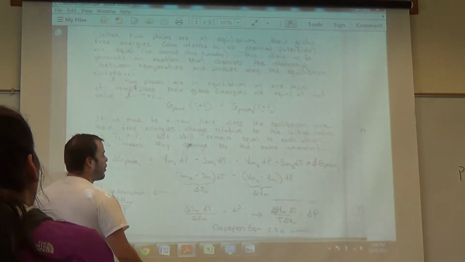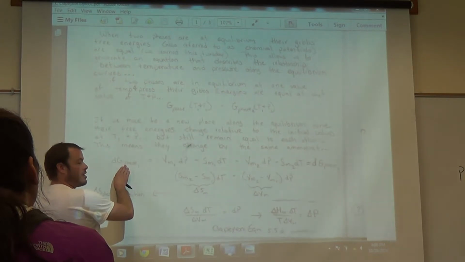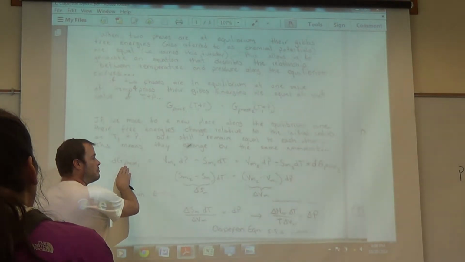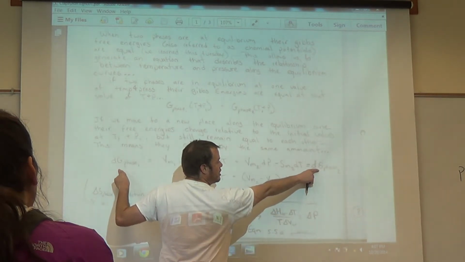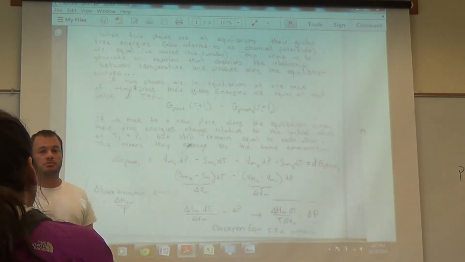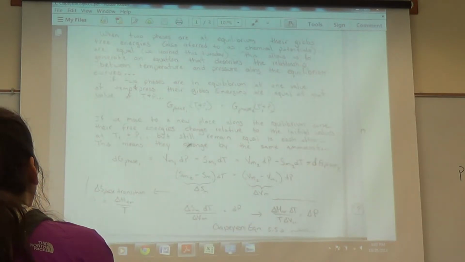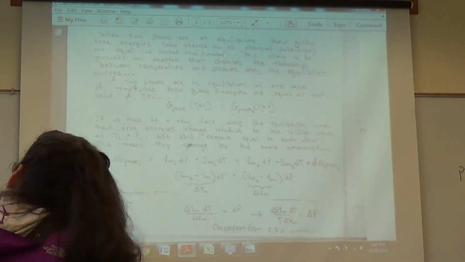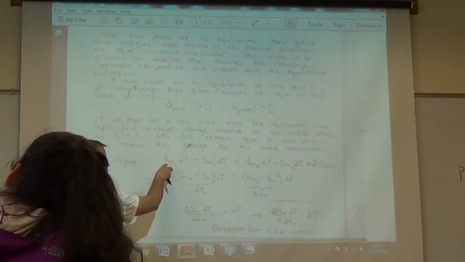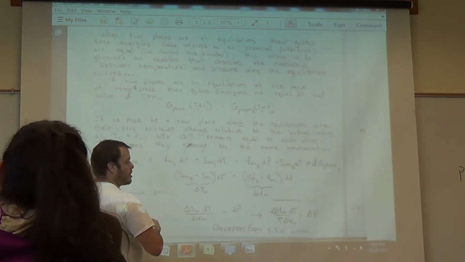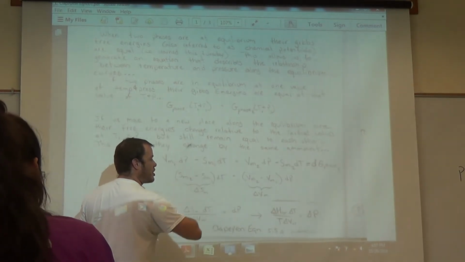And so we can write that the change in the Gibbs free energy of phase 1, moving from point 1 to point 2, is equal to the change in the Gibbs free energy of phase 2. Because they're staying in equilibrium, their chemical potentials must have stayed exactly the same, which means they had to change by the exact same amount. dG, we said last week, was the molar volume times the change in pressure minus the molar entropy times the change in temperature.